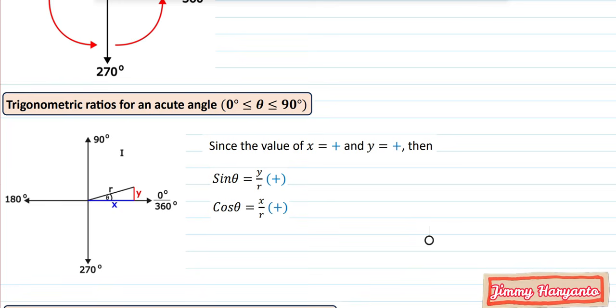For the cos, adjacent over hypotenuse, x over r, the x is positive, that means the value of the cos is positive. And then the tangent is y over x. The value of y is positive, the value of x is positive. That means the value of the tangent will be positive also. Yeah, so all of the trigonometric ratios in the first quadrant will be positive.